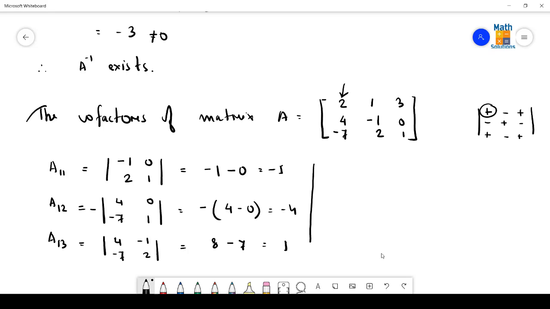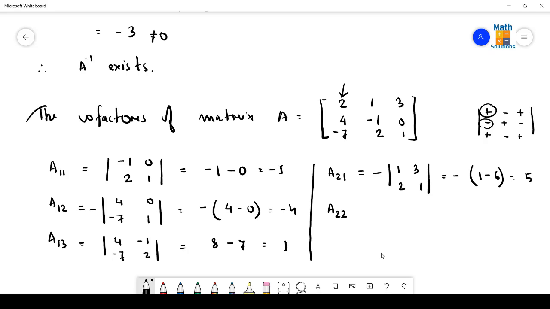So let us calculate the values of the cofactors of the elements along the second row. For A21, this sign convention I have to use here. Of course minus will come, then these elements will construct this determinant, 1, 3, minus 1, 6, the result will be 5. So A21 I got as 5.